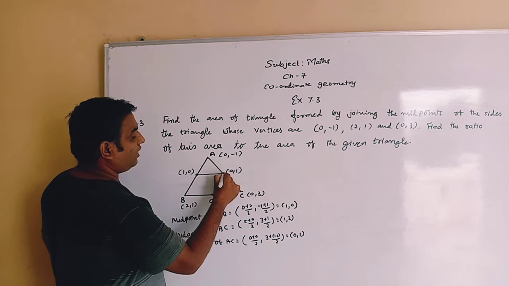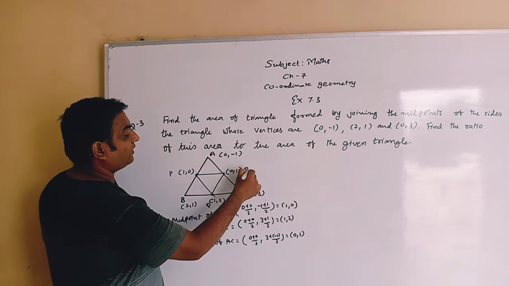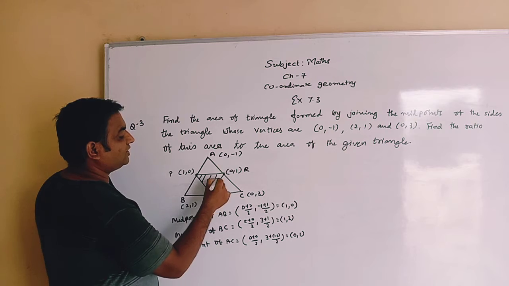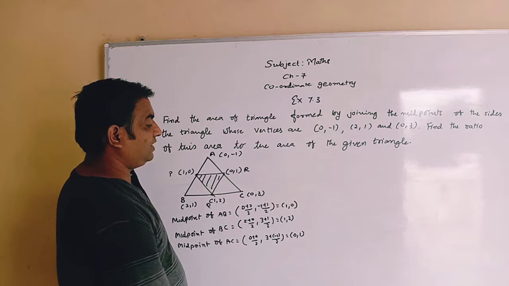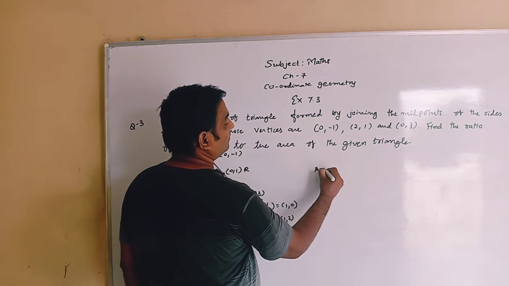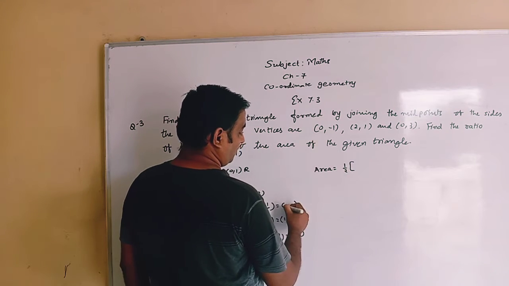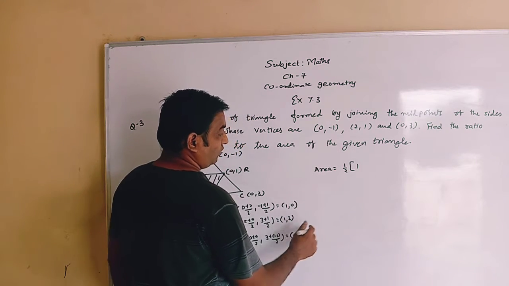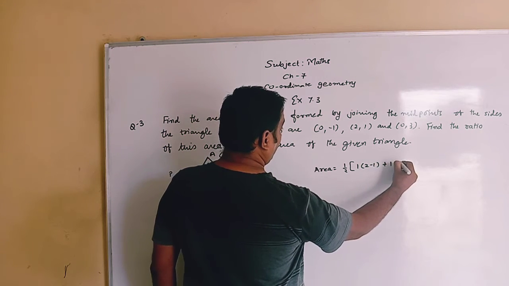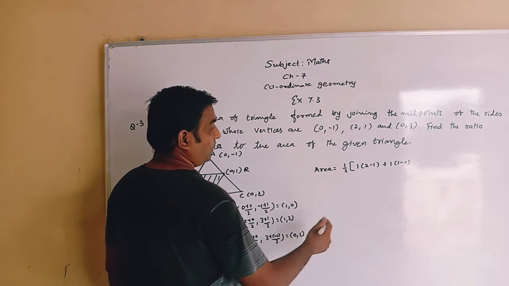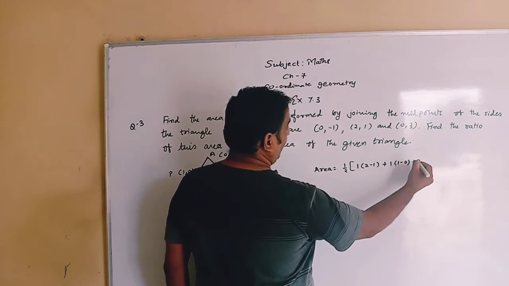Now we have to find the area of, suppose we take these points as P, Q and R, then the area of PQR is what we have to find. So now we have the area of ABC. So area equals 1 by 2 [x1 means 1 into (2 minus 1) plus 1 into (1 minus 0) plus 0 into (0 minus 2)].